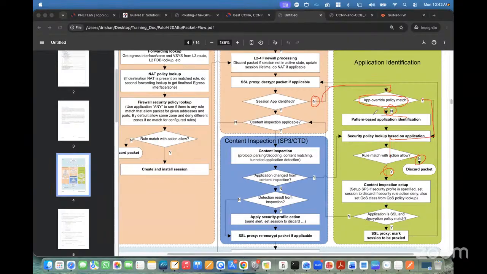Then it will try to do the AI ML pattern based check. Whatever application it found is an unknown application, a new application, and I don't have it in the database. What is the pattern? And does it match any scenario based pattern, any kind of pattern which is already in the database? Let's take an example: somebody has some disease, okay, and by looking at all the reports, you're not able to find what it is. Maybe you check the blood test, maybe you check other tests, but you're not able to find what it basically is.